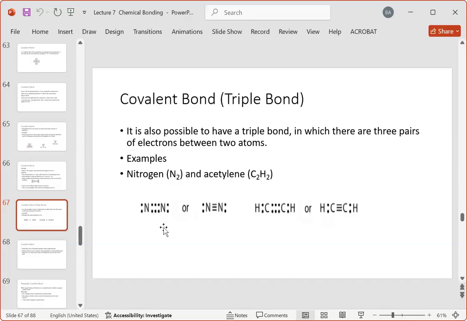Acetylene, let me come back to the acetylene, right? Carbon 4, hydrogen 2. So first satisfy the 2 electrons with the carbon and hydrogen. The rest of them, fuse them together in between the carbon and the carbon. Right? So you realize that you have 6. That's the trick. First, do the one that is, for example, this hydrogen inside there. Hydrogen, you need only 2 electrons.